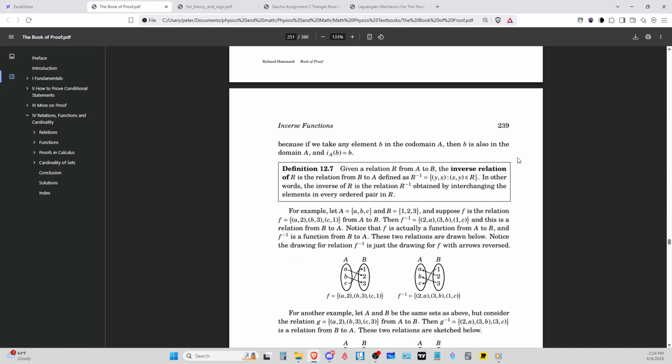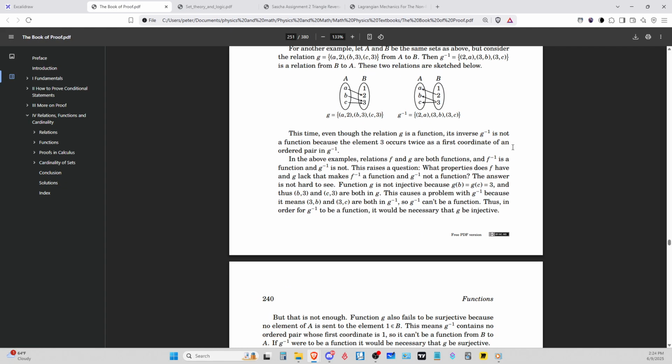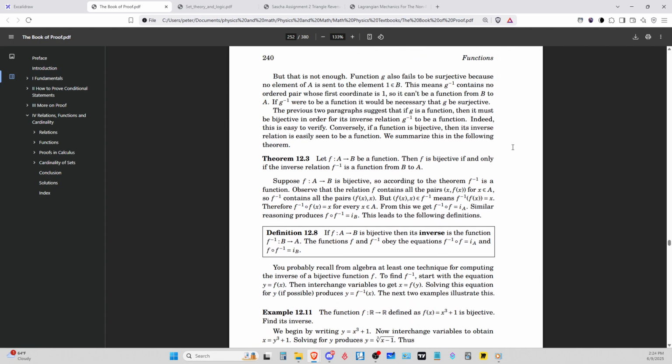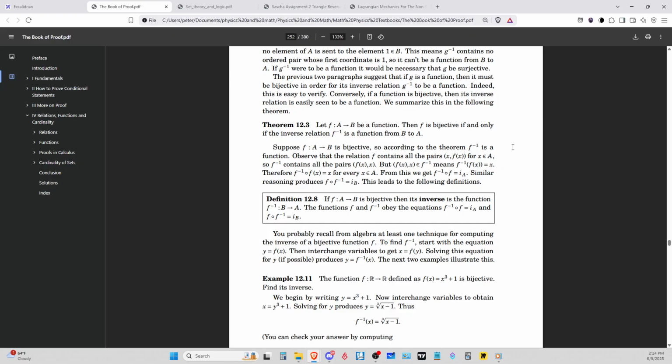Let's see. Oh, what did you type here? Contrapositive form is the same as, but from the other point of view. Oh, okay. Interesting. Let's see.